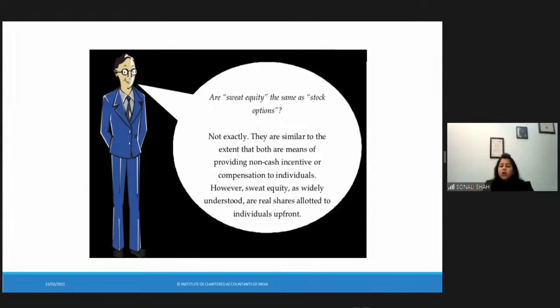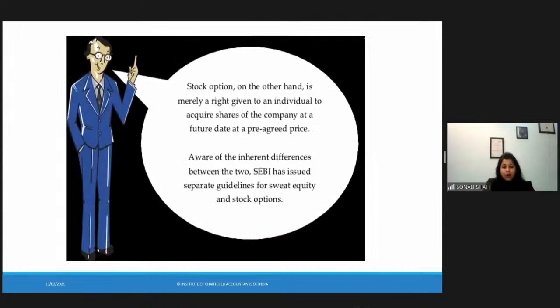So now the question arises, are sweat equity shares the same as stock options? No. Sweat equity shares are like a non-cash incentive or a compensation to the individual. In this case, real shares are allotted to the employee upfront. Whereas in a stock option, there is a right to an employee to purchase the share of a company in future at a pre-agreed price.